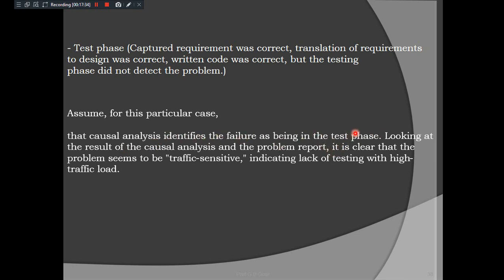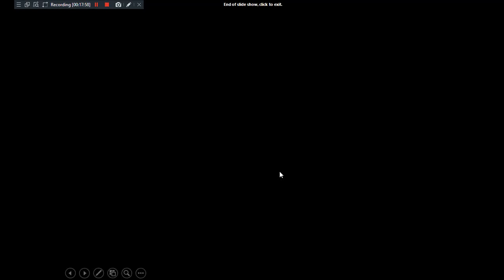Now we assume that the failure has happened in the test phase. Looking at the result of causal analysis and the problem report, it is clear that the problem seems to be traffic sensitive, indicating lack of testing with high traffic load. Means during peak hours, testing has failed. That's what they are concluding here.